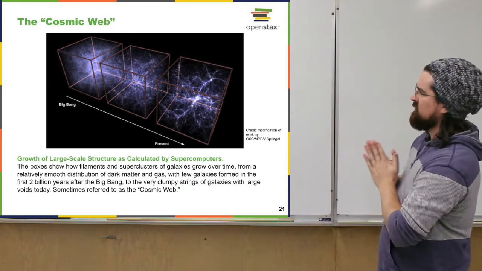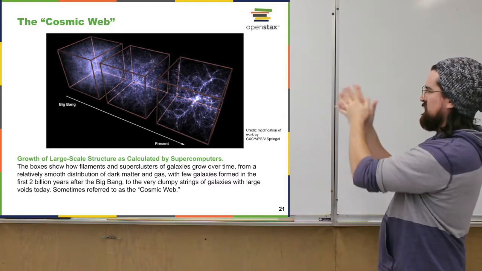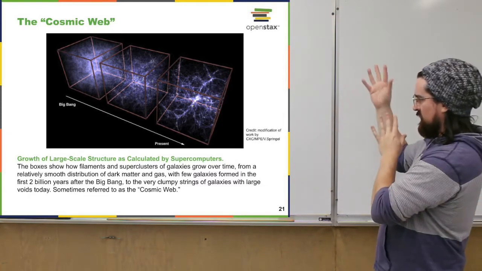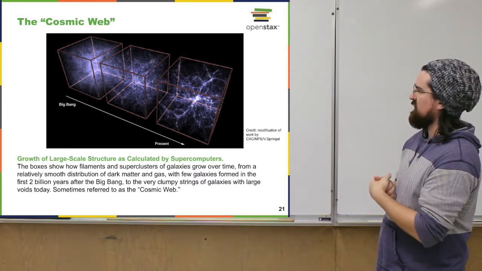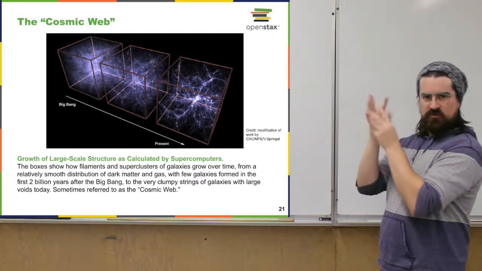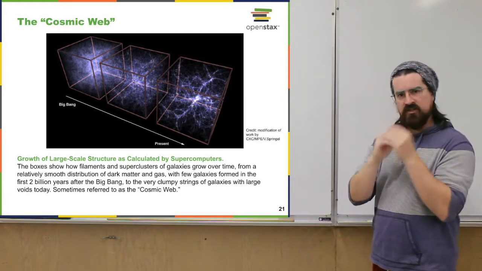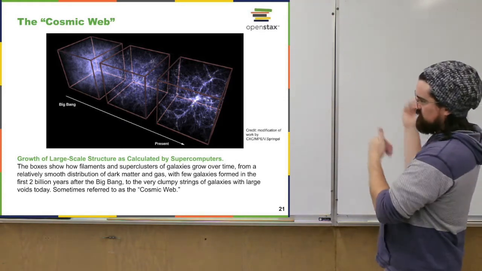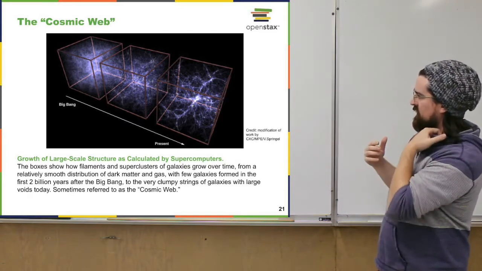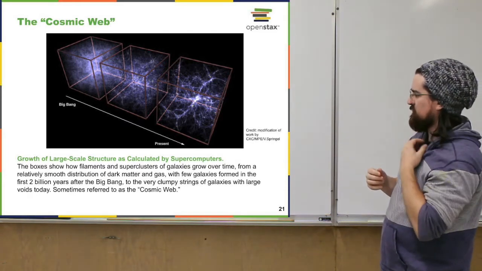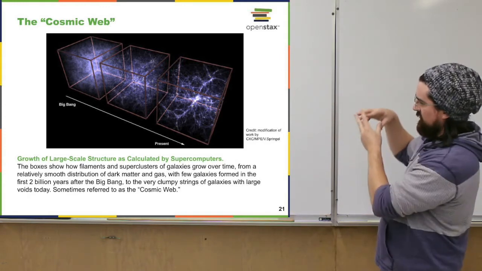So we go from a very smooth beginning to, a couple billion years later, things clumping together a bit and forming some smallish galaxies. Then the smallish galaxies collide and build up into larger galaxies.